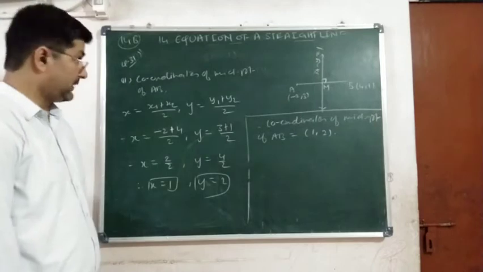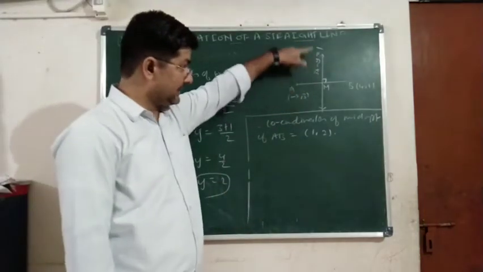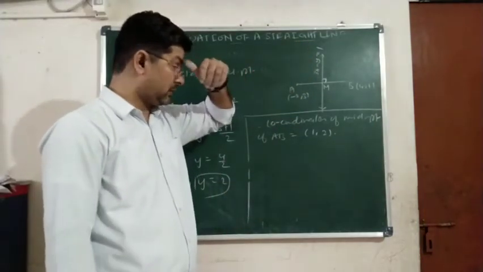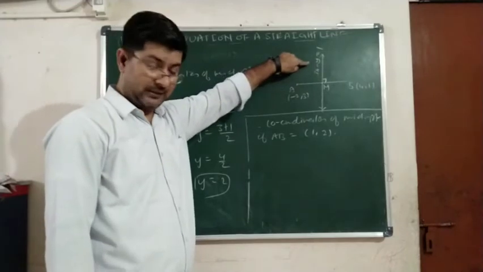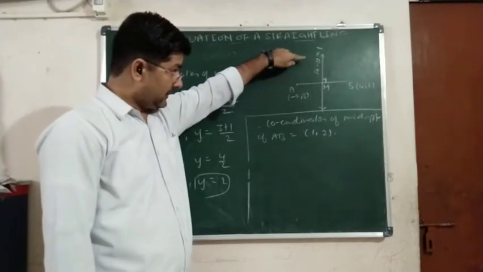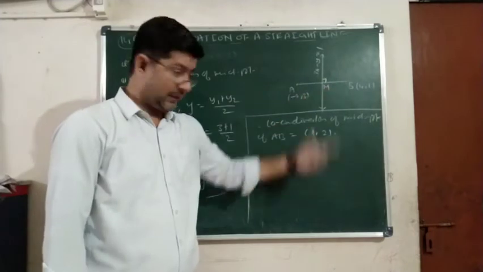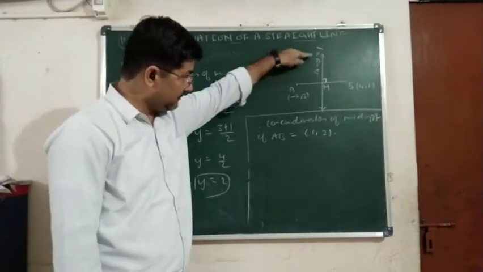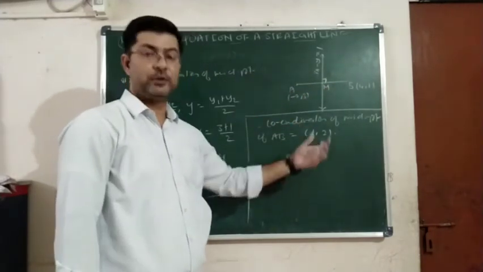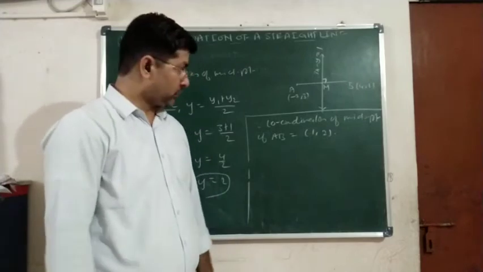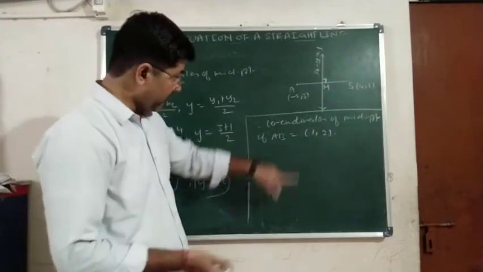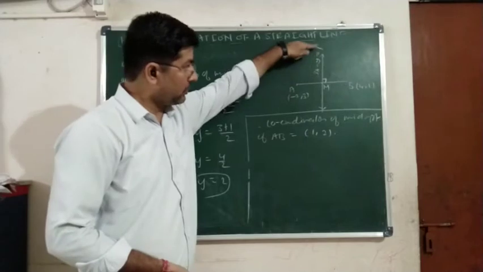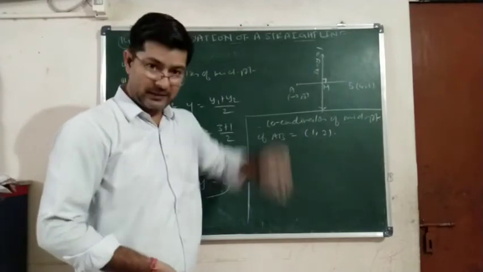Now what we have to check is whether this line is the bisector of AB or not. If the given line is bisecting the line segment AB, then this line must be passing through the midpoint of AB. Clear? In other words, this point must lie on the line 3x minus y equals 1.